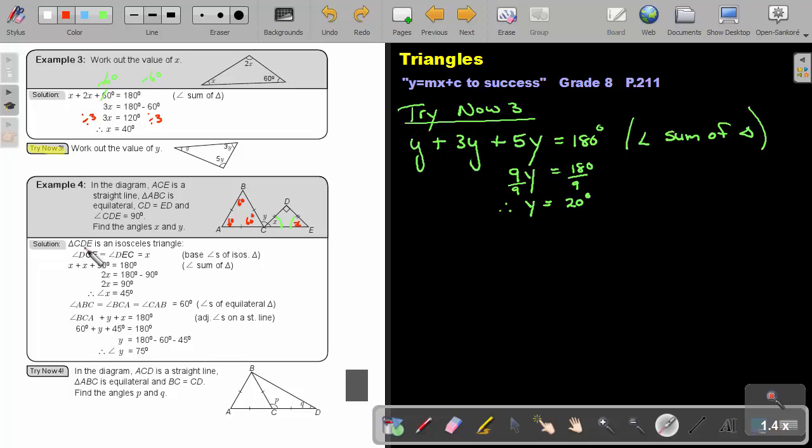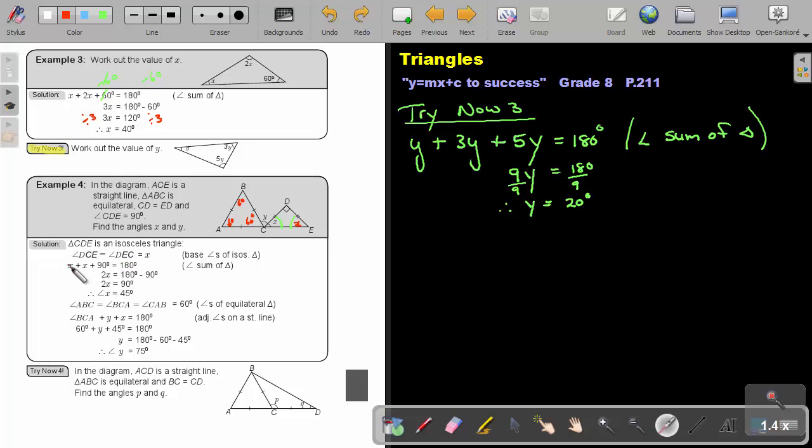Triangle CDE is isosceles, so angle DCE and angle DEC will both be x. So I'm going to say x plus x plus 90 equals 180, because all the angles of a triangle add up to 180. So that's the equation.